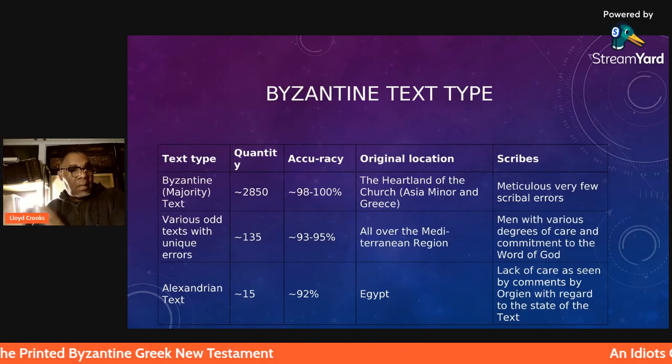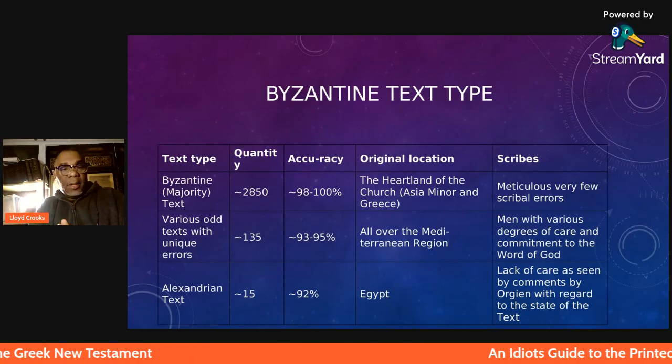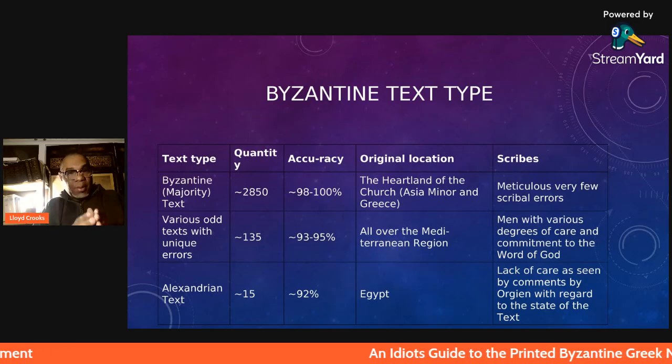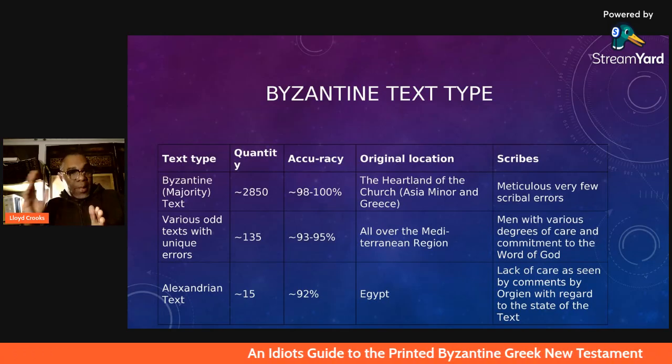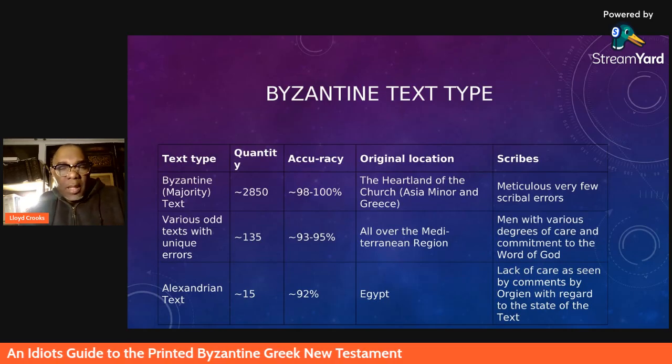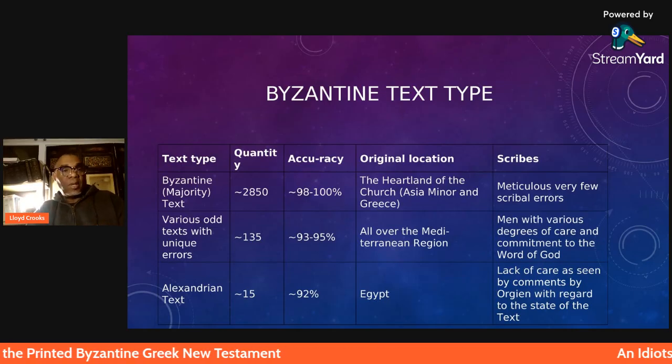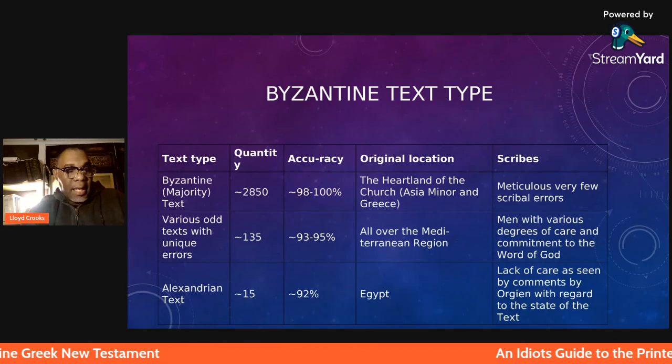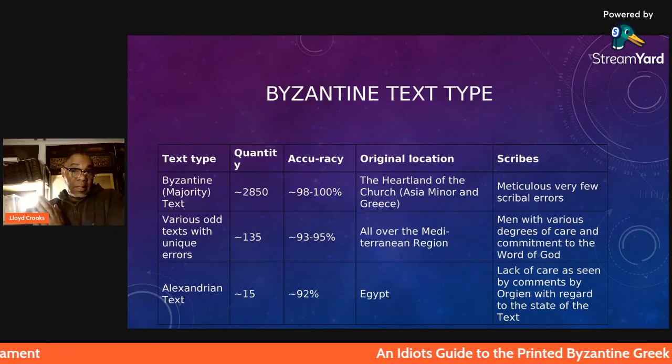This has never really been done before, to my knowledge anyway. He used four exemplars and looked at the copies. So it's like looking over the shoulder of the scribe to see if they made errors. What they found is that they were very meticulous.